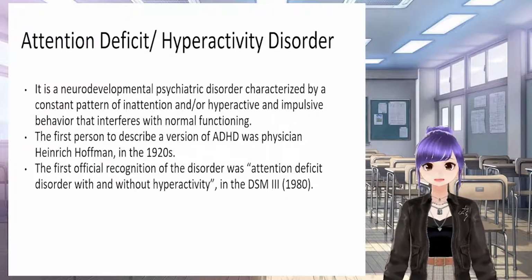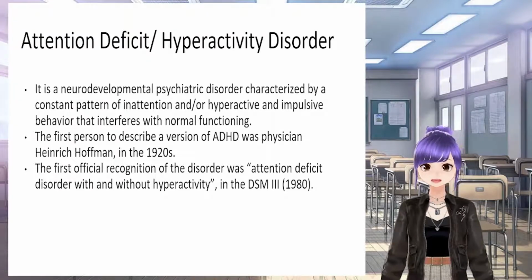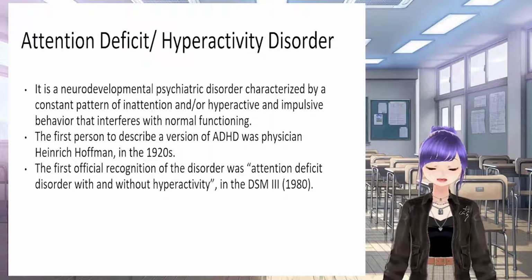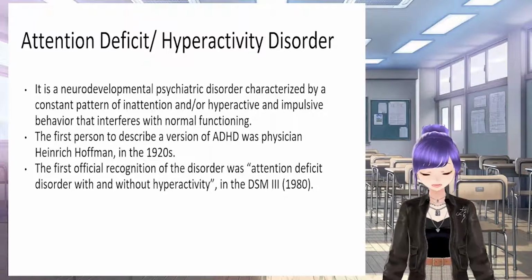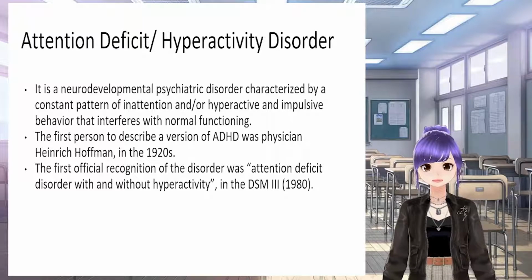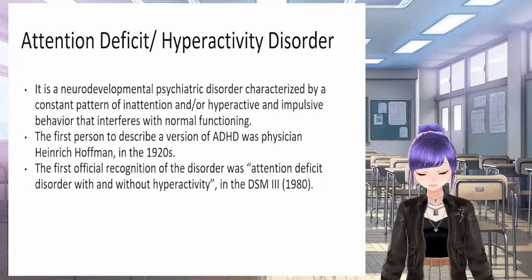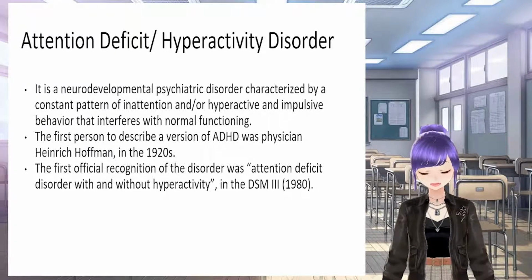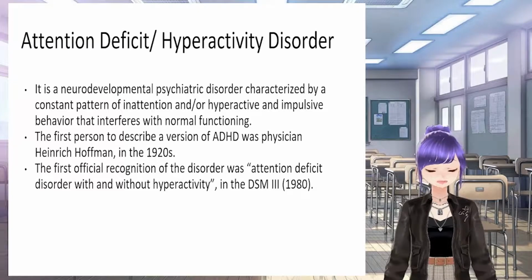The first person to describe a version of ADHD was physician Heinrich Hofmann in the 1920s. The first official recognition of the disorder was attention deficit disorder with and without hyperactivity in the DSM-3 published in 1980. Revisions to the DSM eventually renamed the disorder as attention deficit hyperactivity disorder.